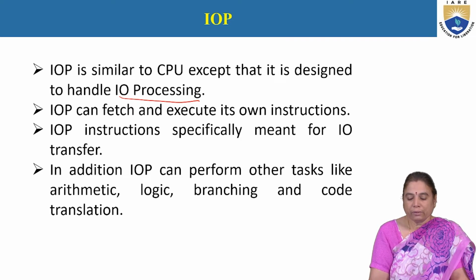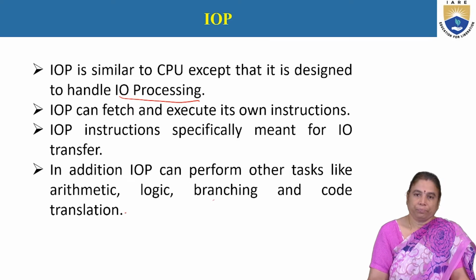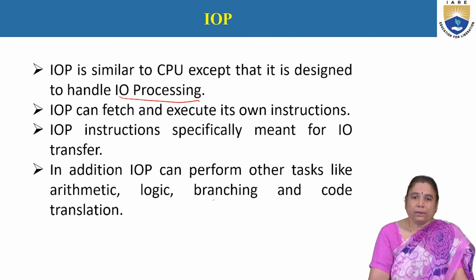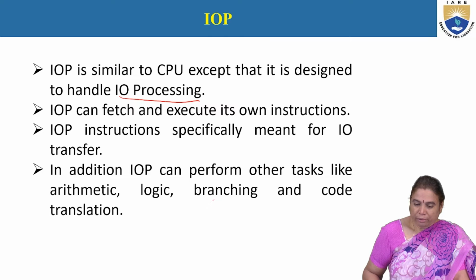IOP instructions are specifically meant for IO transfer. In addition, the IOP can perform other tasks like arithmetic, logic, branching and code translation. So the IOP is a major interface between the input devices and the computer, CPU and memory.